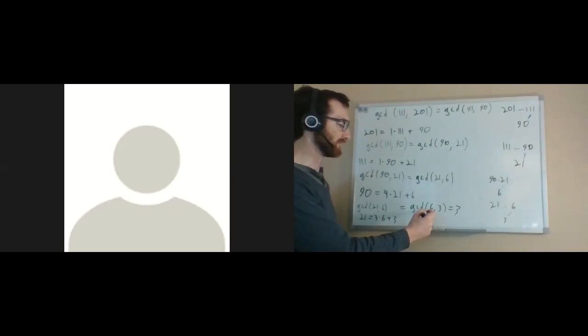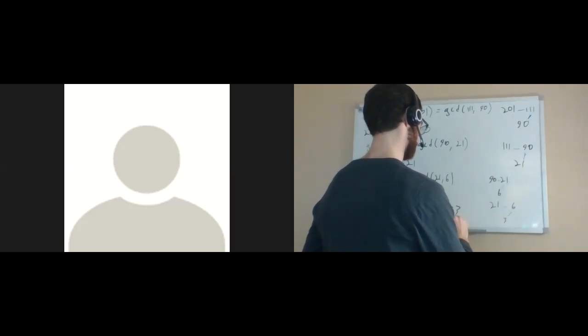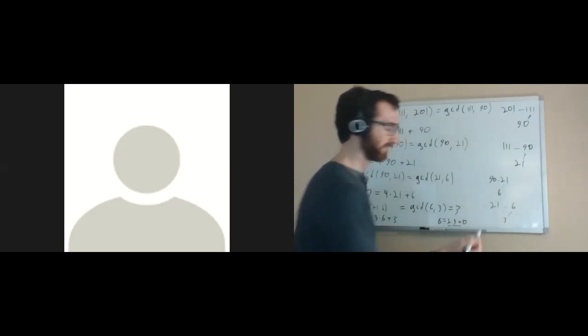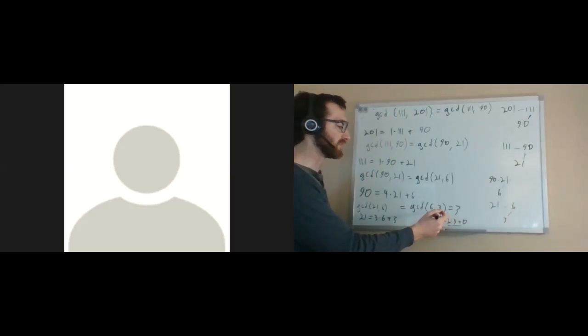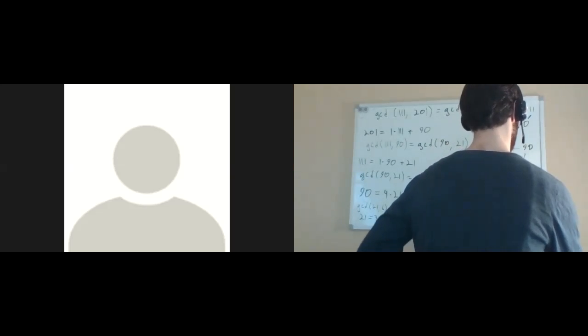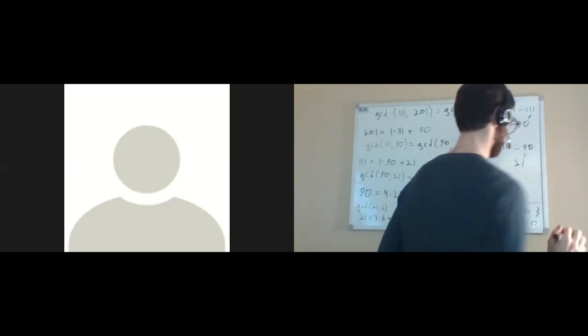I could say GCD of 6 and 3, then I write 6 is equal to 2 times 3 plus 0. And now what's the GCD of 3 and 0? GCD of 3 and 0 is 3, just like the GCD of 3 and 6 is 3. So my last mini triangle is 6, 3, 0.